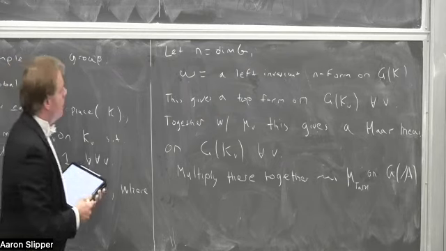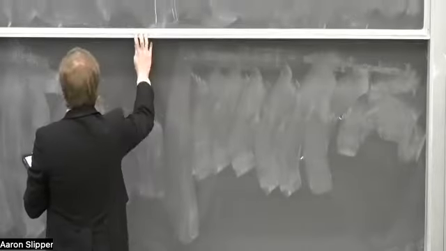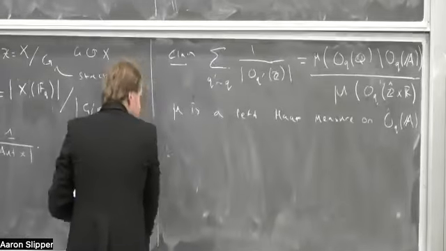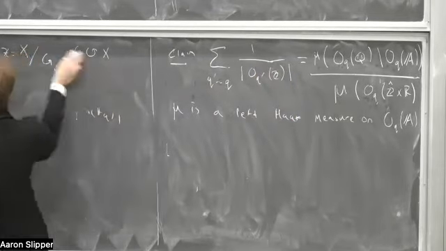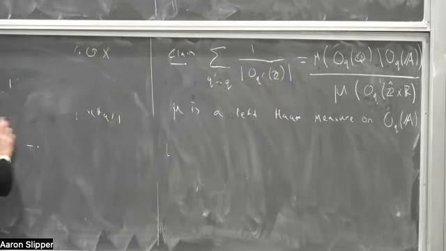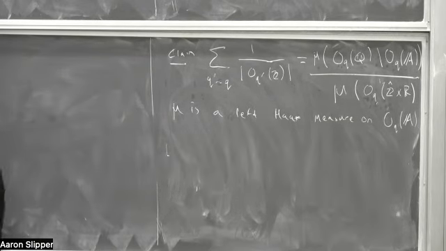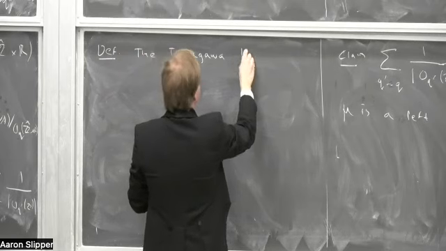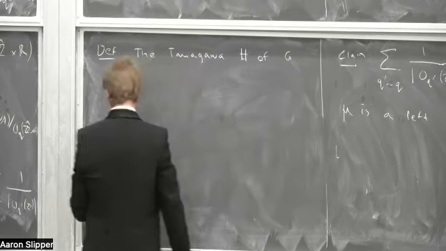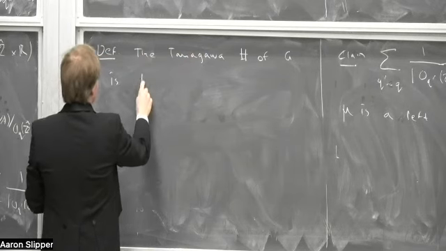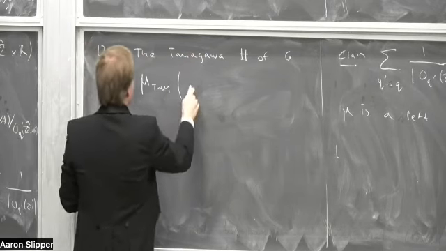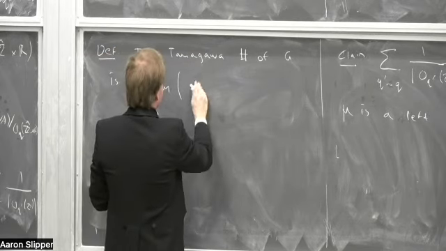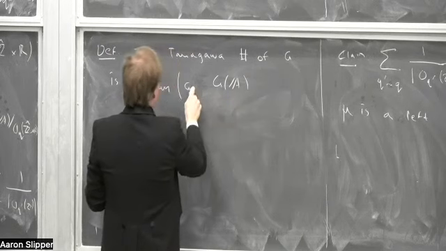Now we can state a theorem. Definition. The Tamagawa number of a group G is mu sub Tamagawa of this quotient of the adeles by the rational points.